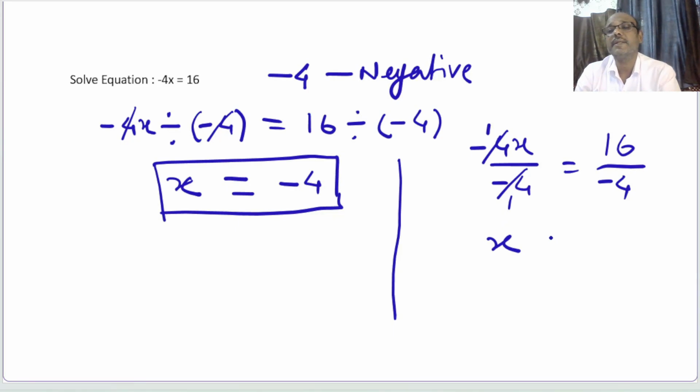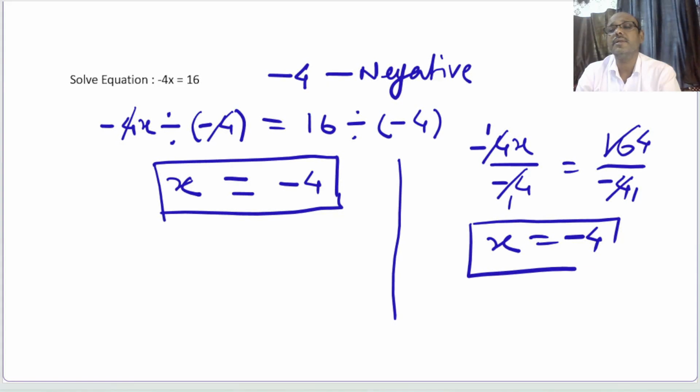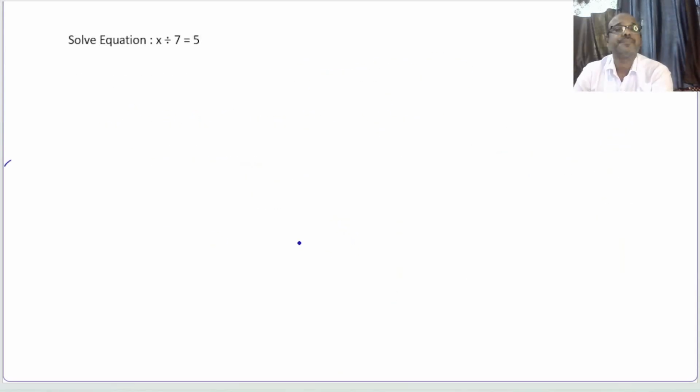So on the left hand side x is equal to 4 fours are 16, with a minus sign, so the answer will be minus 4. In both cases we are getting the same answer, but the condition is that we have to balance the equation on both sides, that is, on the left hand side as well as on the right hand side.